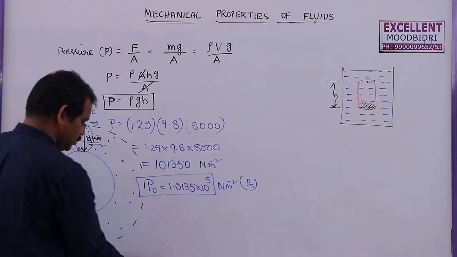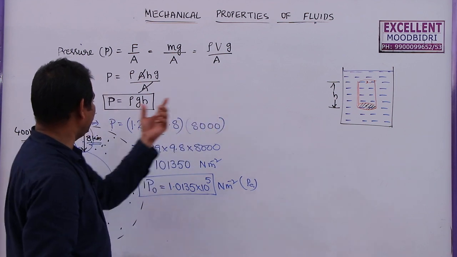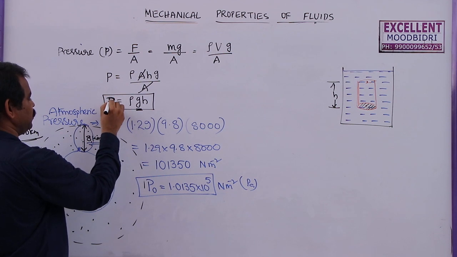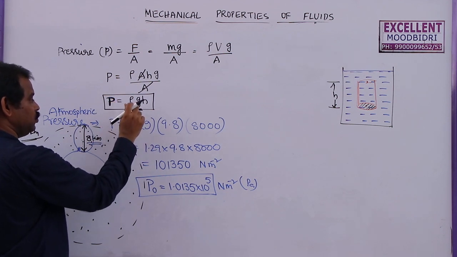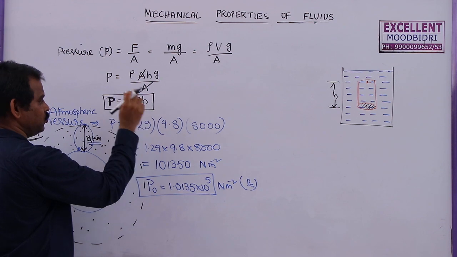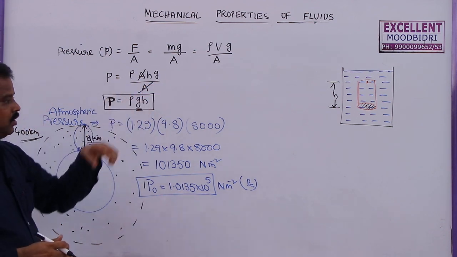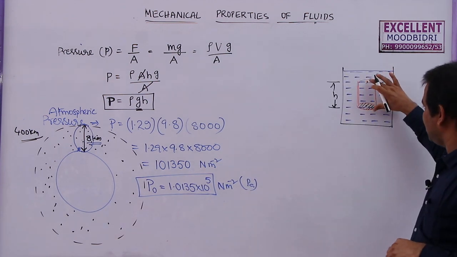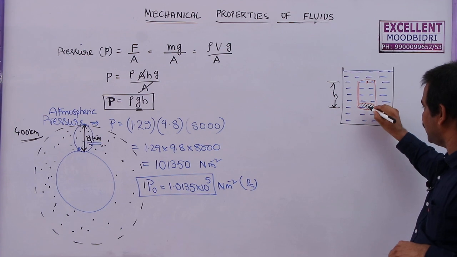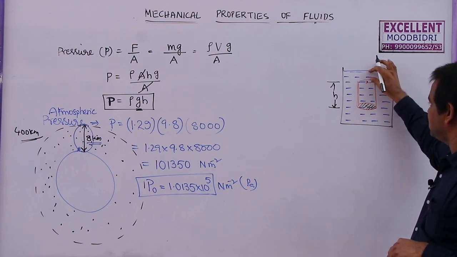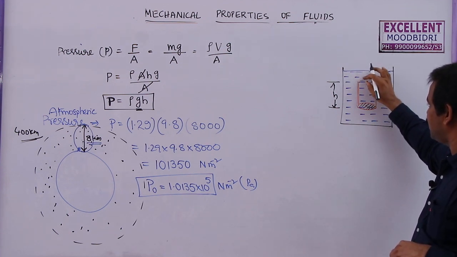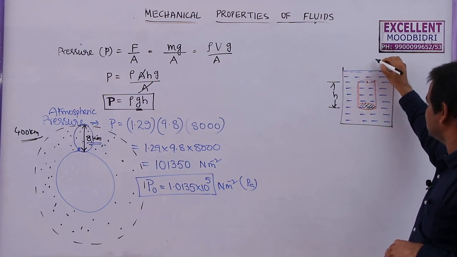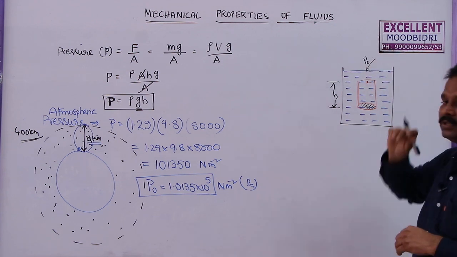Now here, if you come to this topic, what is the pressure of a liquid with gravity? By considering gravity, pressure can be calculated by using density into acceleration due to gravity into height of that liquid column or fluid column. Now here, if you consider this one, not only the pressure due to this liquid column is acting at this point, the liquid which is present just above this cylinder column is also acting on this one, and also the atmospheric pressure is acting.